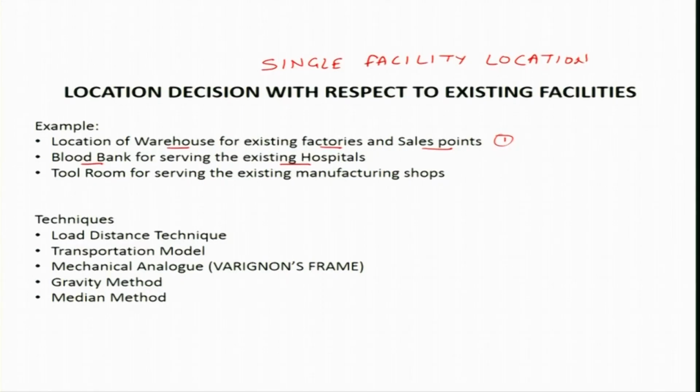A third example can be a tool room for serving the existing manufacturing facility. I have written 3, but there may be several such examples where we have to consider the location of a single facility to meet some existing facilities. We will study some techniques also: the load distance technique and the transportation method. We will develop a mechanical analog also, and then use the gravity method and the median method in our next lecture.